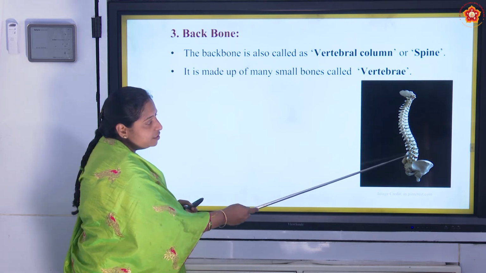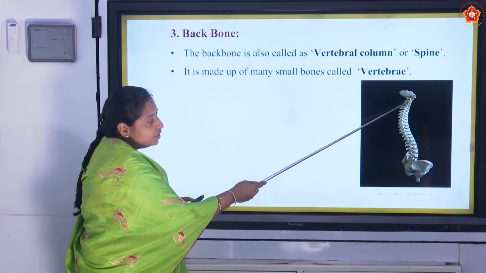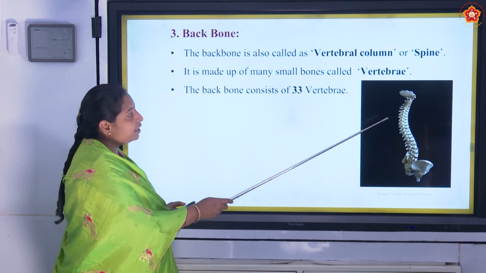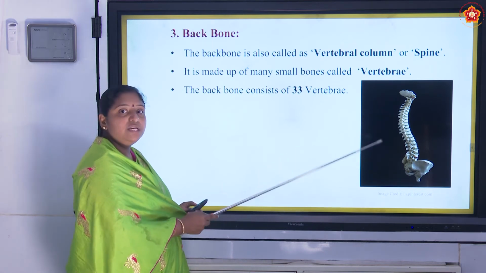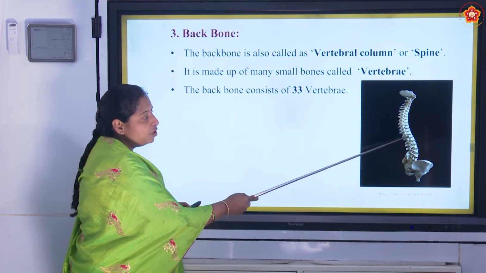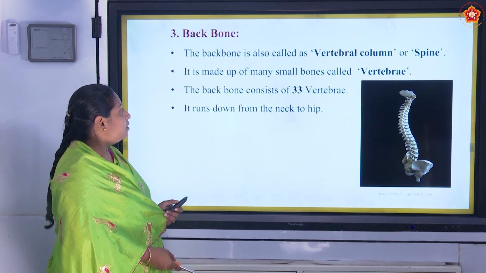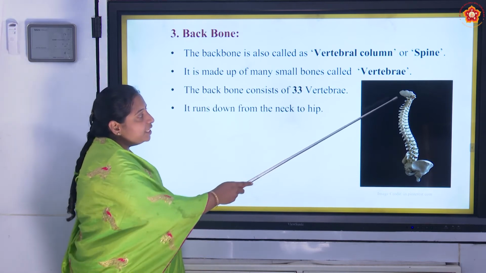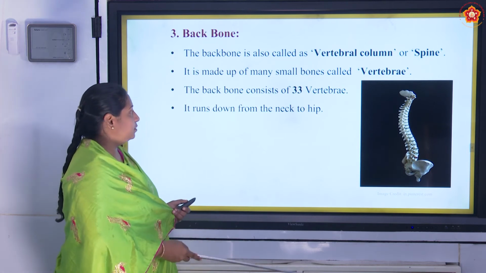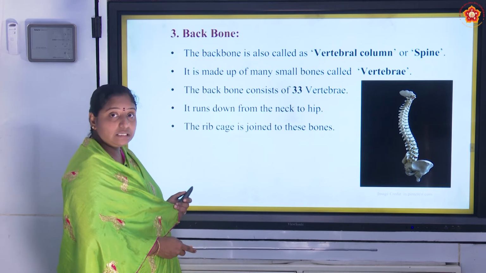You can observe the small bones here, one after the other joined. The backbone consists of 33 vertebrae. There are 33 small bones joined together. It runs down from the neck to the hip region. The rib cage is joined to these bones.